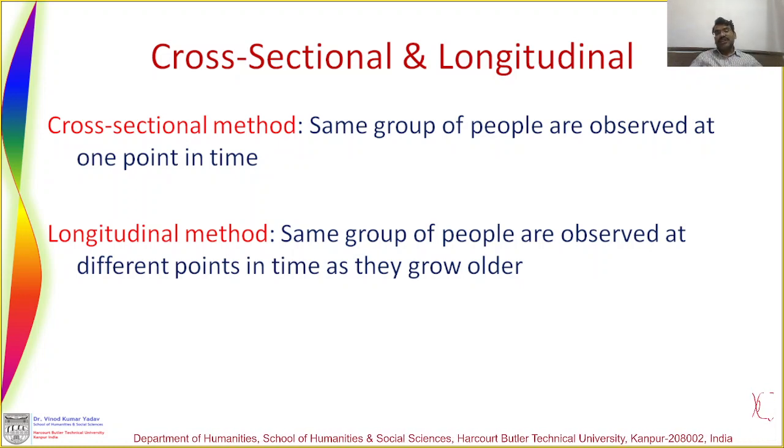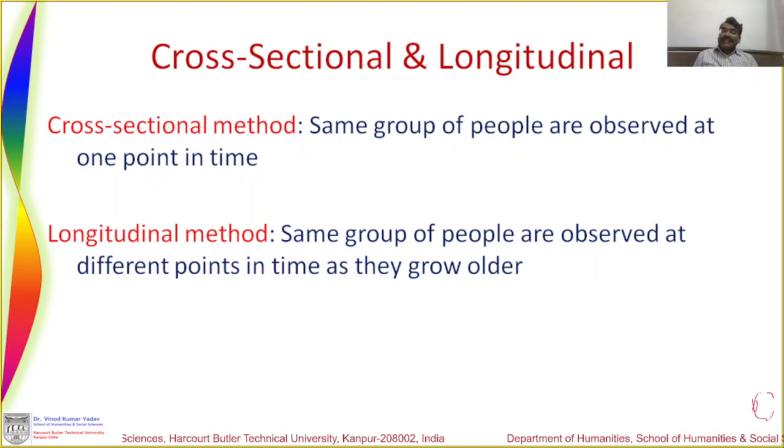So longitudinal means when a group is studied today and the same group is studied after 10 years, and then the answers are looked into. Whereas cross-sectional is when a group is studied, observed today at only one time.